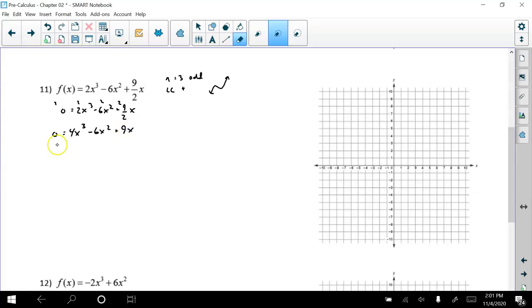So we can factor out the common factor of x. So it's going to be x times 4x squared minus 6x plus 9. And did I say 6x? It's a 12x. Sorry about that.